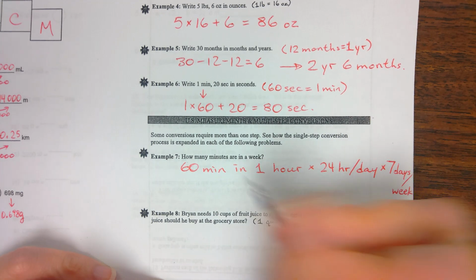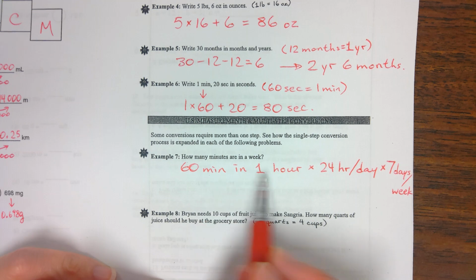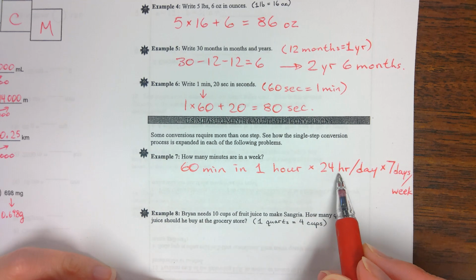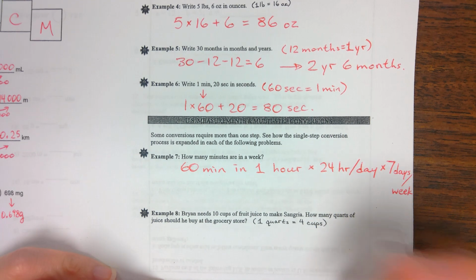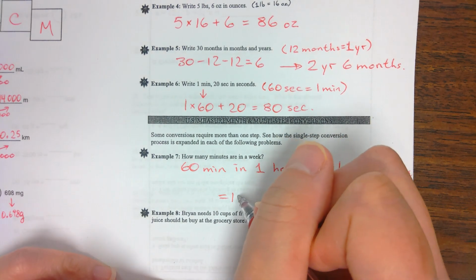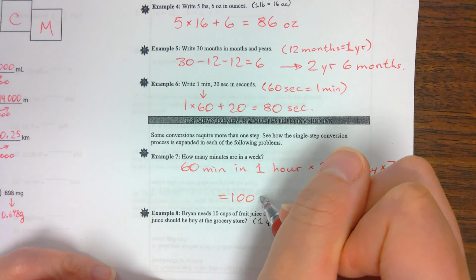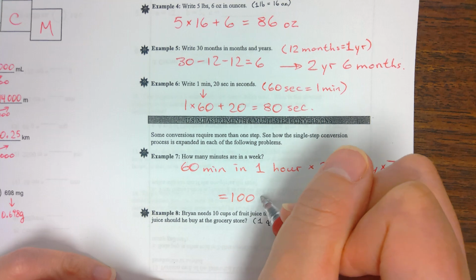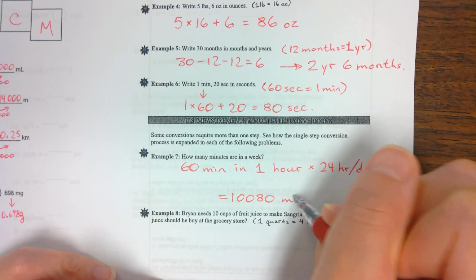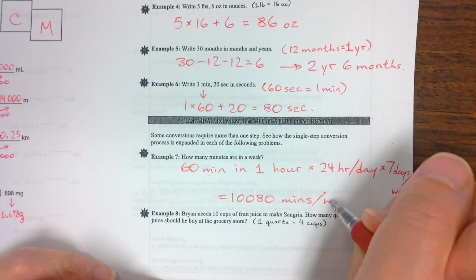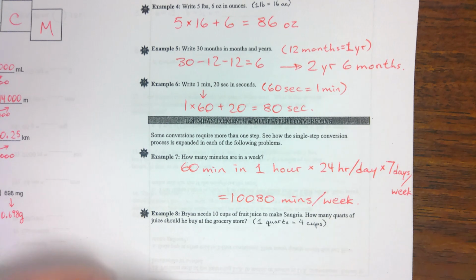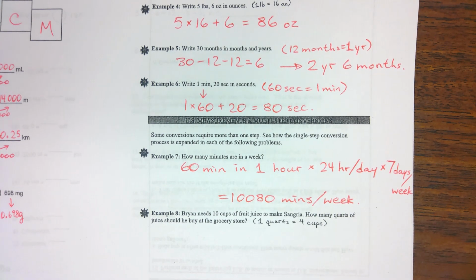So 60 minutes per hour times 24 hours a day times 7 days a week, you'll get 10,080 minutes per week. Okay. So Sam, if you said there was only like a couple hundred minutes in a week, we would age very quickly.